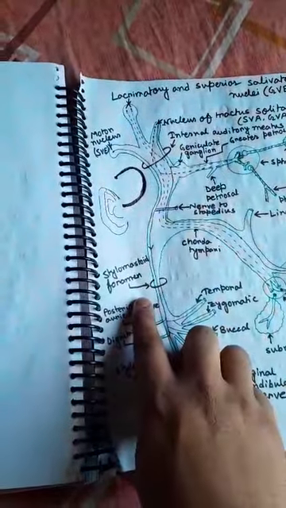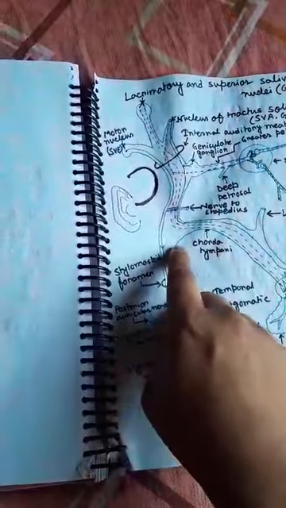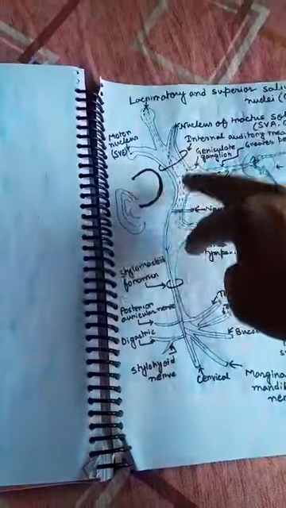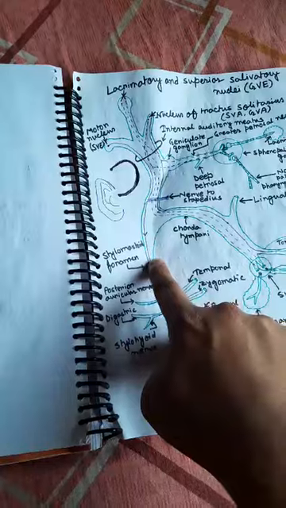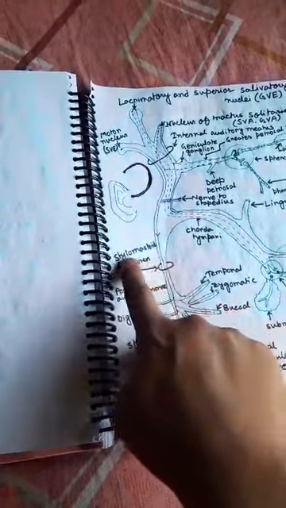This is also a foramen. This is the middle ear, this is the internal ear, and from the middle ear it goes to the stylomastoid foramen.